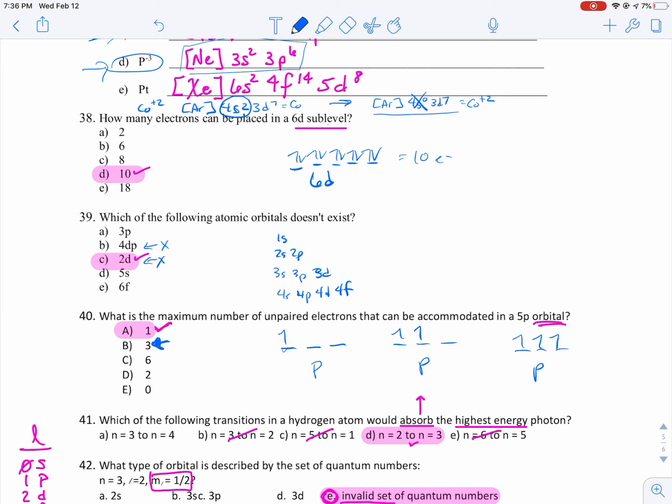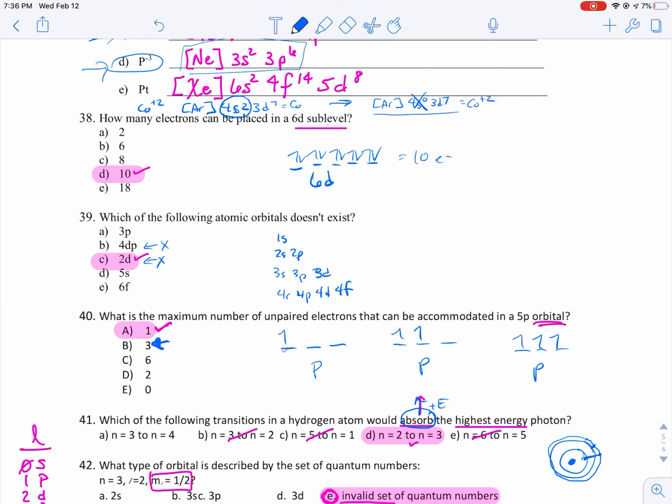Okay, so if we're looking at which ones would absorb the highest energy, remember we were talking about that atom, and when we're going out from the atom, the levels get closer and closer together. So the transition that's going to be the smallest energy is between the 2 closest levels, and the largest energy is going to be the largest distance. You also want to pay attention to this word absorb. Absorb means going up. That's positive energy.